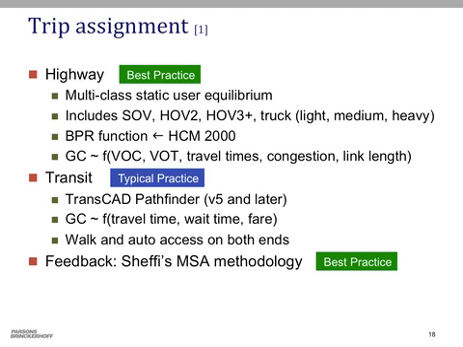TransCAD Pathfinder in version 5, if you're familiar with that. Their generalized cost includes the variables that we would expect, and they have walk and auto access on both ends of the trip. Probably be difficult to improve on that without a major investment in travel survey data, and so we're pretty happy with that.